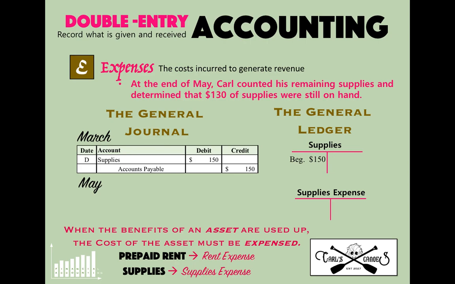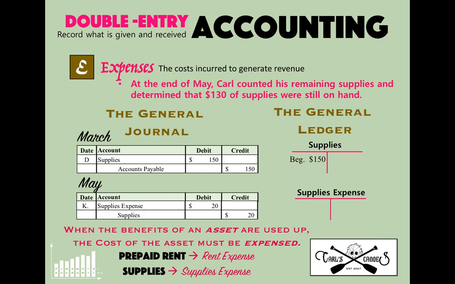Okay, so he's going to record supplies expense here of $20. And he's going to credit supplies of $20. Now, when he does that, and he posts it into the ledger, what does that do? Well, when he posts that, then he has supplies expense of $20 and supplies of $20 over here.